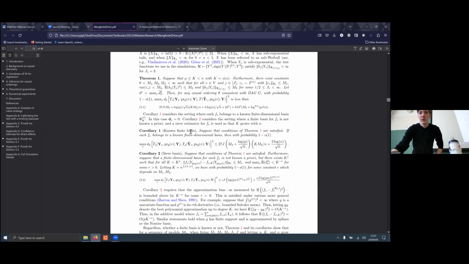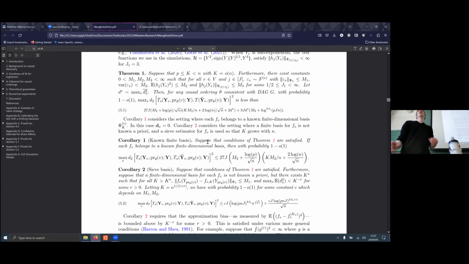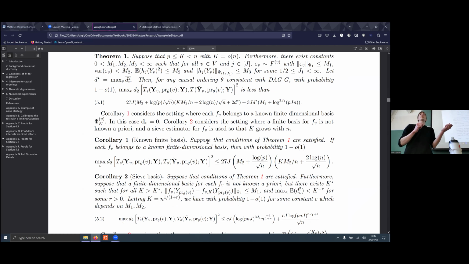So corollary 1 says, if all the conditions of theorem 1 are satisfied, and if our true f's, I should make this bigger. So the f's are the coefficients in the, here they do actually allow them to be nonlinear in some cases.